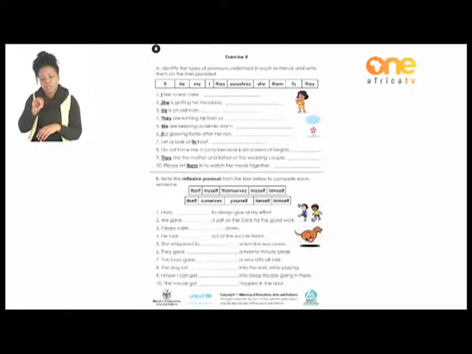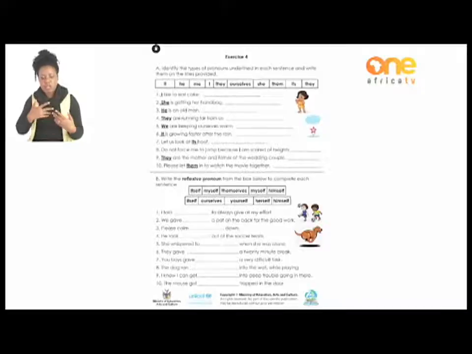But the instruction says the types of pronouns underlined, meaning you are going to write what type of a pronoun is I. And number 2, you are going to write what type of a pronoun is she. So I expect you to write personal pronoun or possessive pronouns or reflexive pronoun.